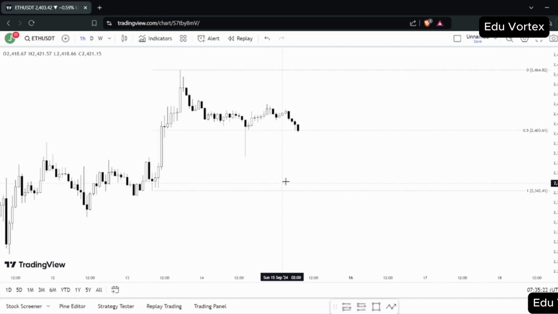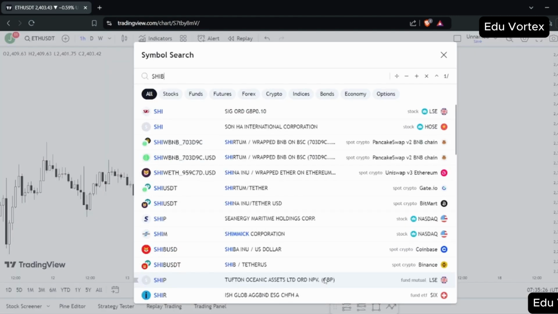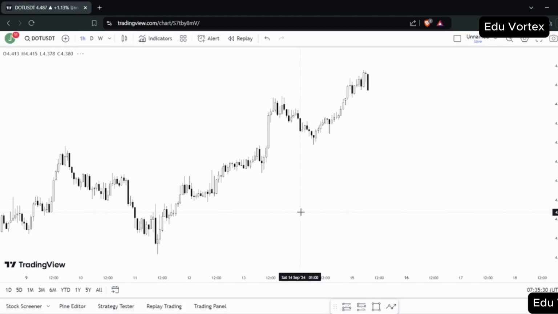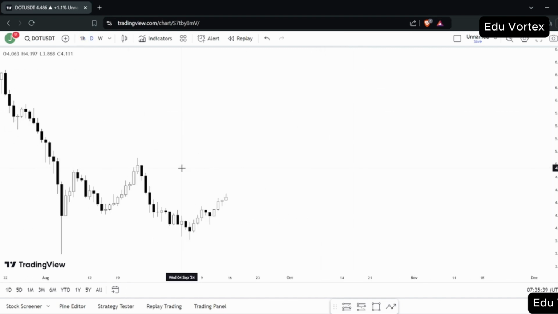Yeah, we could. However, there are multiple other pairs that I trade, such as SHIB, such as DOT, etc. So I will not be looking into those when I have stronger pairs, you know.